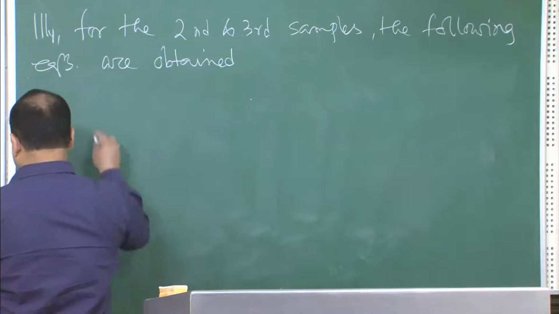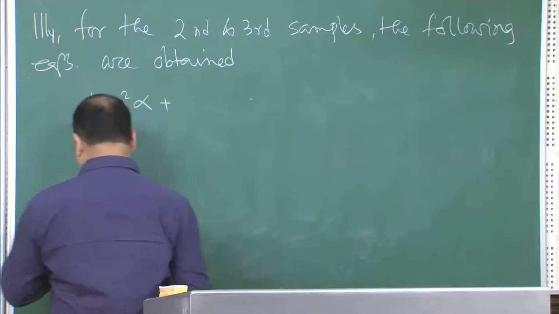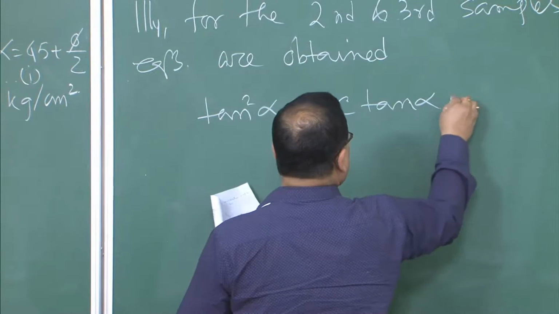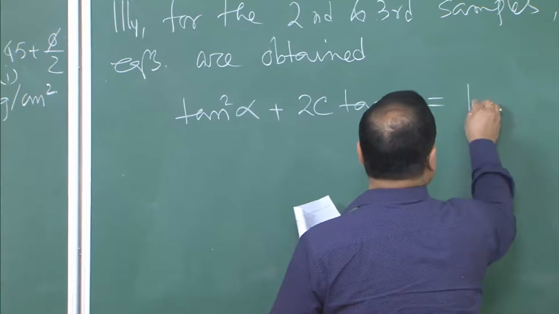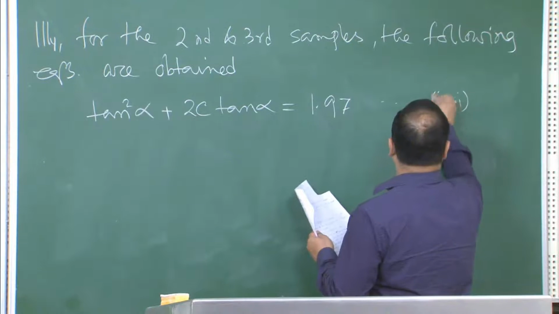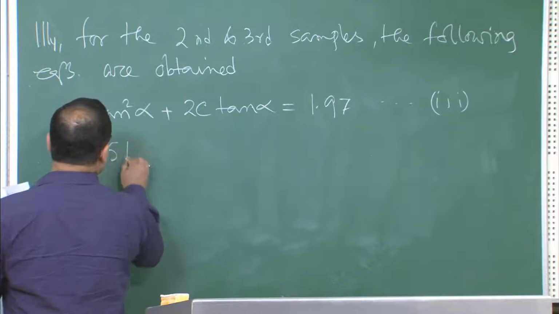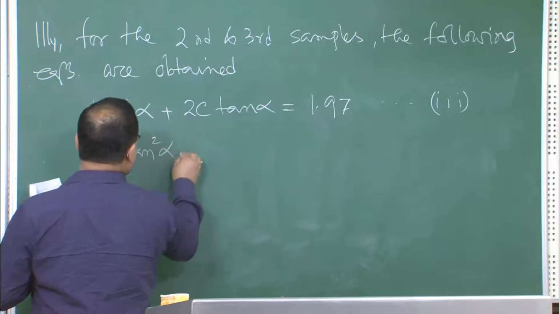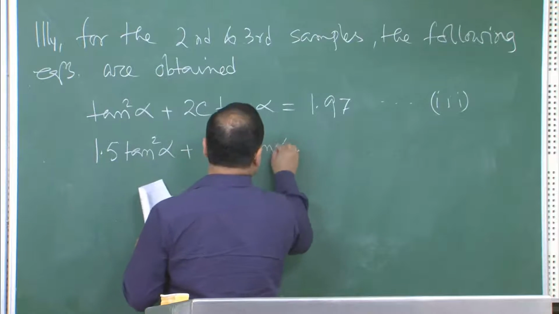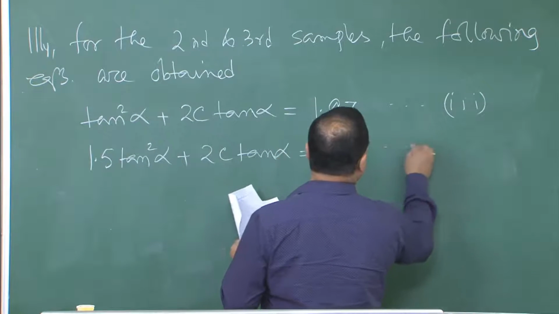That is, for the second sample, this equation will be 1 tan square alpha plus 2 c tan alpha is equal to 1.97, so equation 3, and for the third sample you have got 1.5 tan square alpha plus 2 c tan alpha is equal to 2.63.